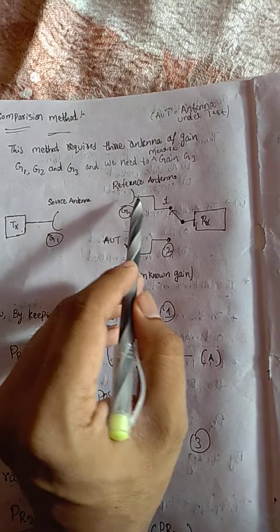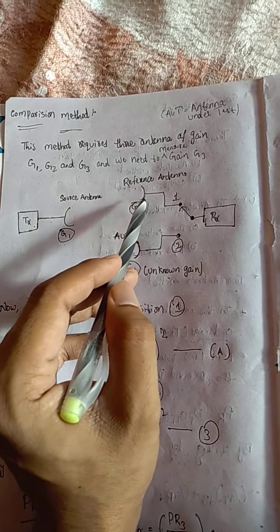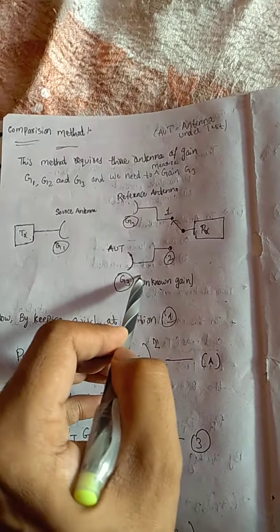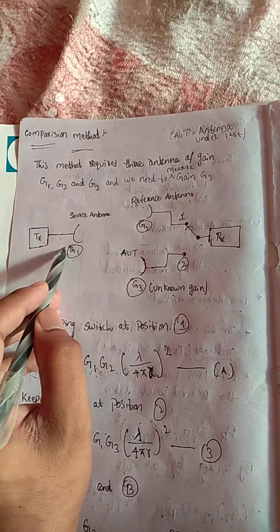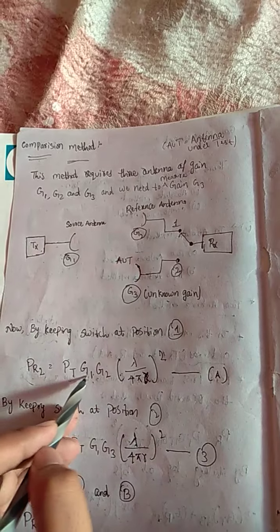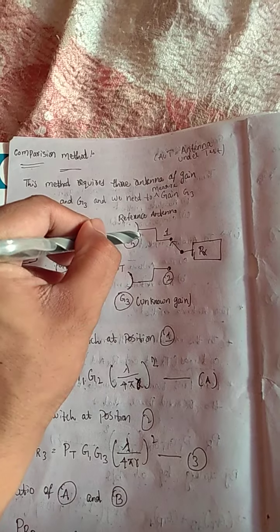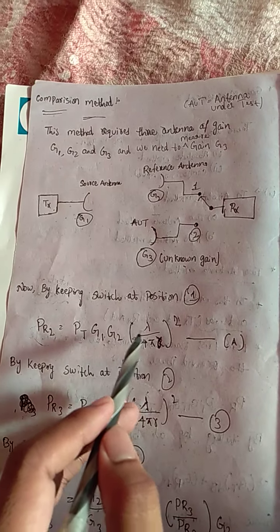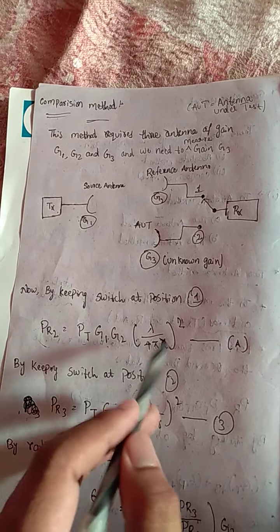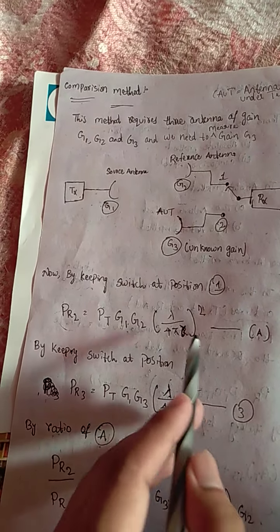PR2 is the power received by the second antenna from PT, the transmitter antenna. PR2 equals PT times G1, the gain of the transmitter antenna, times G2, the gain of this reference antenna, times lambda by 4 pi r whole square. This particular equation we can call A.